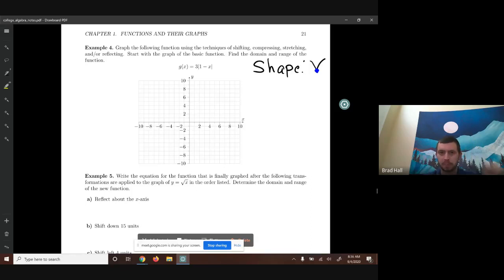There's a minimum or a maximum. That's the vertex. For the V shape, the vertex is pretty much that lowest point, or that highest point. So we need to find that point. The way I generally think of finding it is, what value would give us 0 for this graph up here?